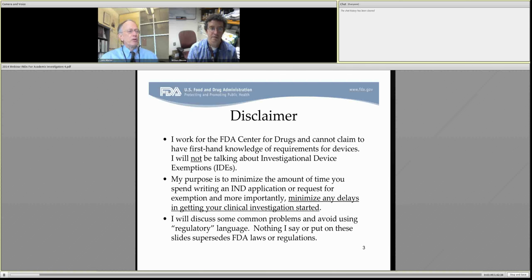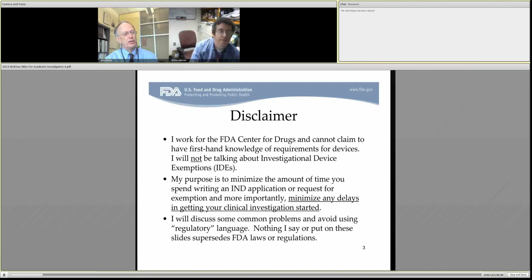My real purpose here is that I see evidence on a weekly basis that there are some problems that academic investigators have when they submit an IND application. And I realize from a lot of experience that these delays in the startup of a trial are extremely frustrating.